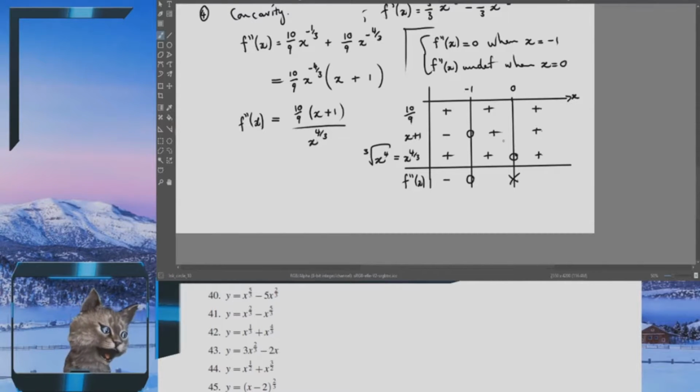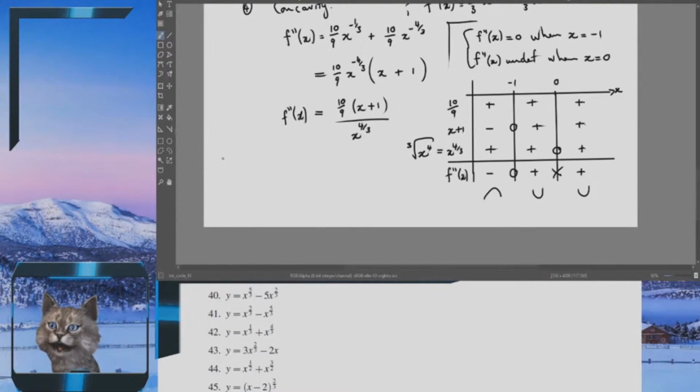So I have on the first section, negative, positive, positive. So I'm bending down, then up, then up. Let's write these sentences. First, f is concave up on, can I say negative 1 to infinity?